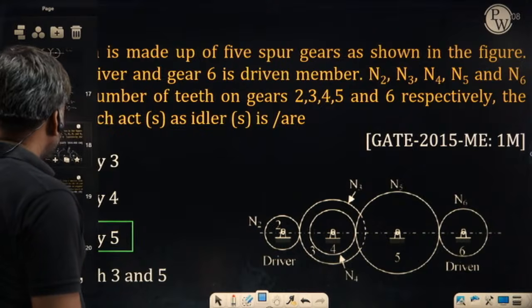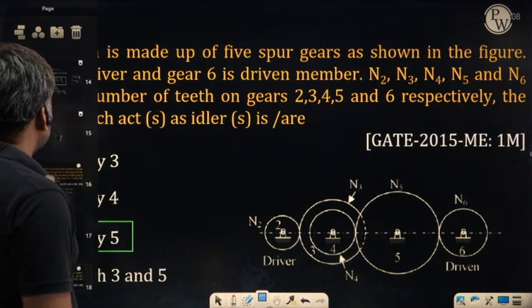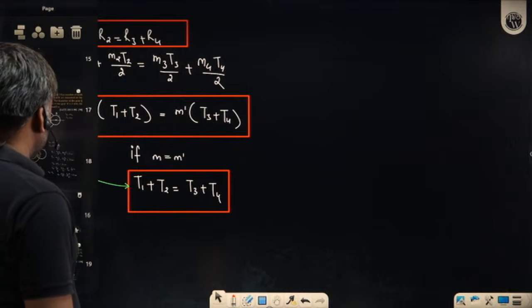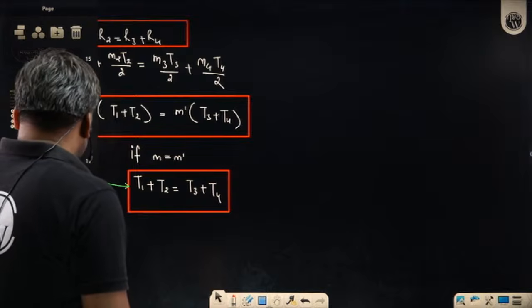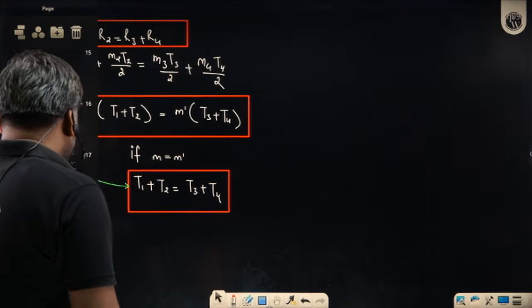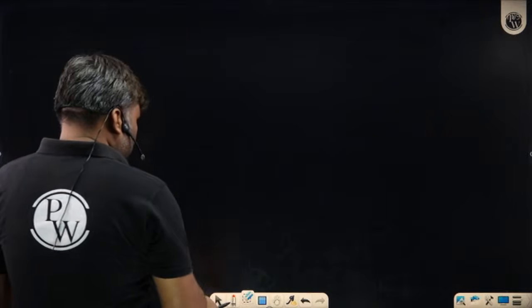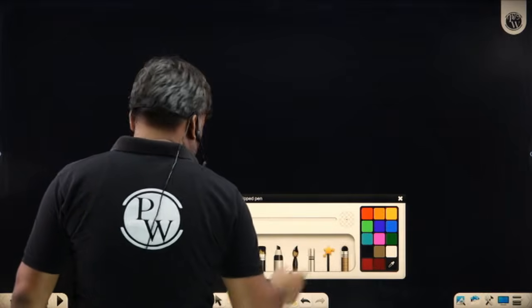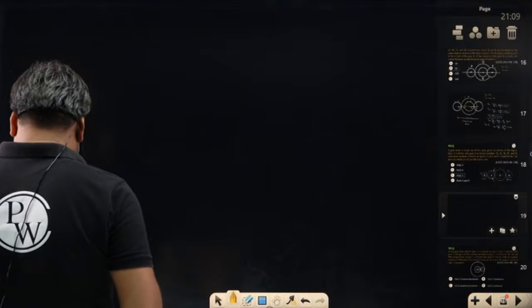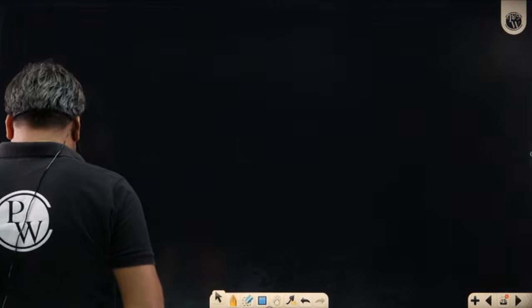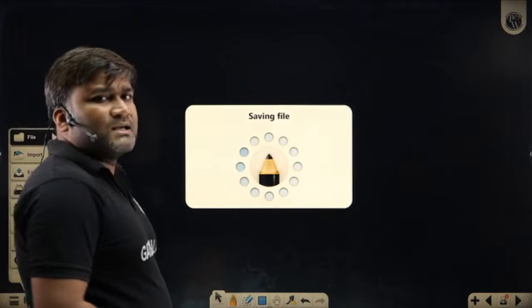ठीक है. Now, if we have understood what is a compound gear train, what is a simple gear train, now we can talk about another special thing, which is called an epicyclic gear train.